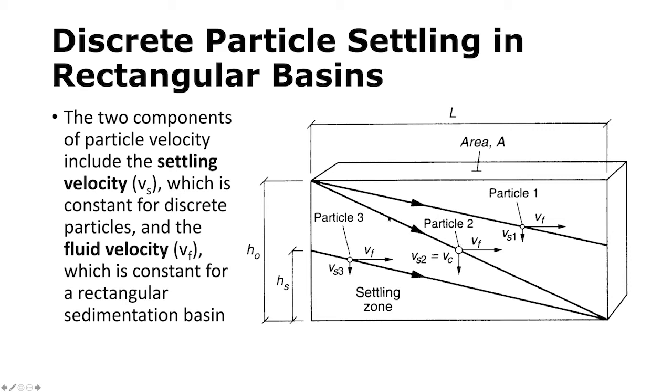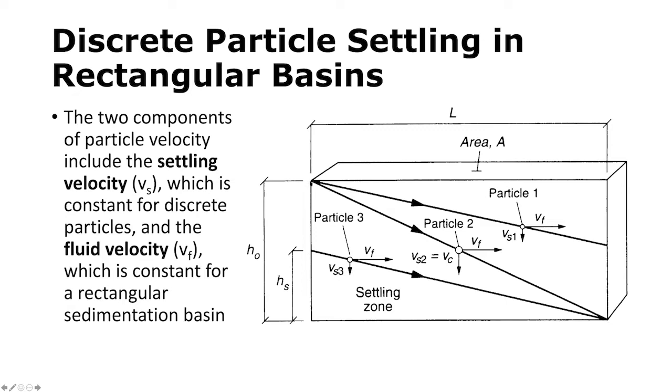Particle 2 starts at the top, just like particle 1, but has a higher settling velocity, so it will travel all the way down to the bottom of the reactor just in time before making it to the effluent point.